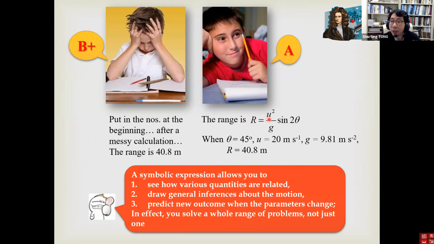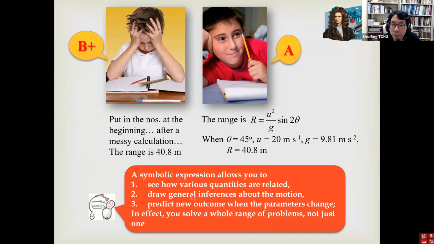Then you immediately realize that because it's U squared, it's the square of U, but not U, that appears in this formula. So when U doubles, then U squared will be 4 times as large, right? Because it's 2 U's, you take the square, it will have the factor of 4. So you know that the range will be 4 times as large, but not just double.